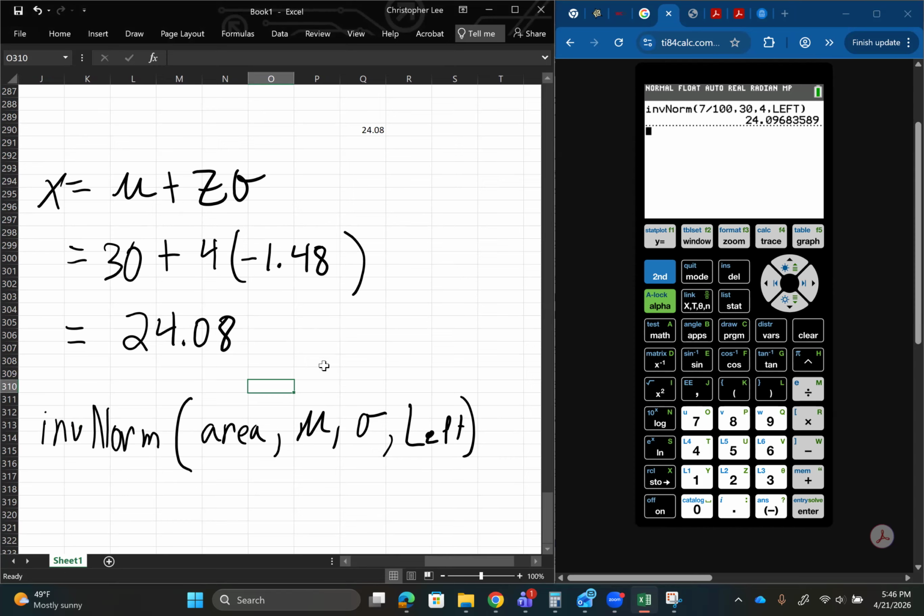The mean is 30. The standard deviation is 4. Just plug it in, click, click, click, and you're done.